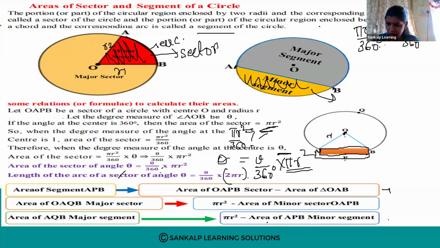For the area of segment APB, you use this; for the area of OAQB, you use this; for the area of AQB, you use this. So remember these three areas. In multiple choice questions they may ask about the sector, the segment, major segment, minor segment, major sector, minor sector, and formulas related to these.